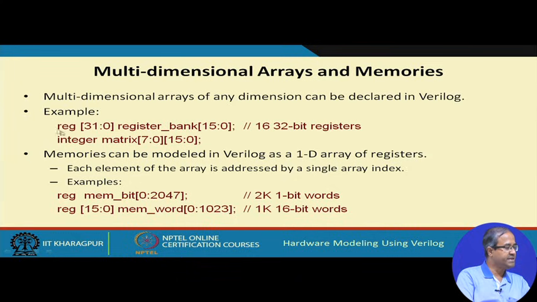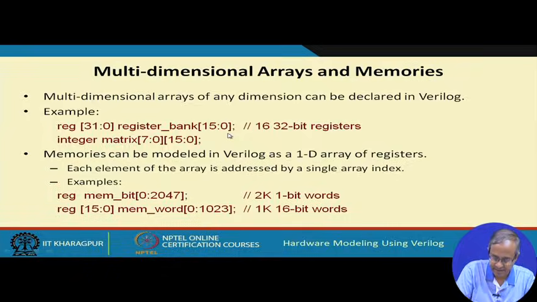This is the declaration of a register of width 32 bits. Now, we are saying that I have a register bank where there are 16 elements. So, we are actually talking about 16 32-bit registers, right. And when we access these elements, we will be accessing them using 2 index values.